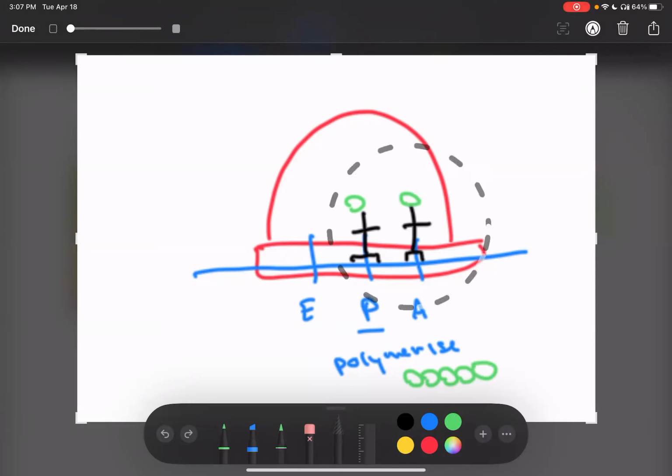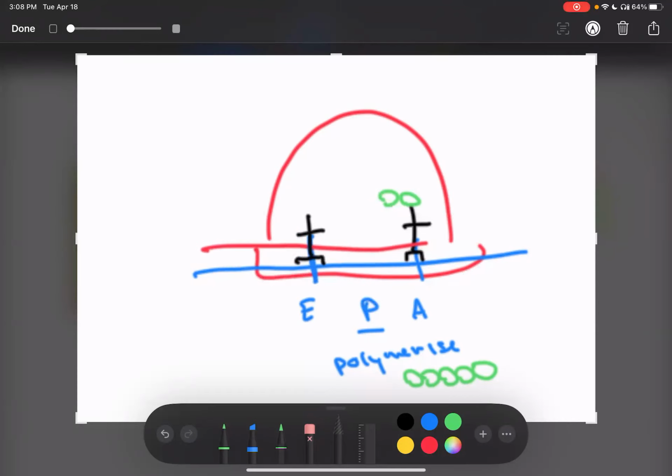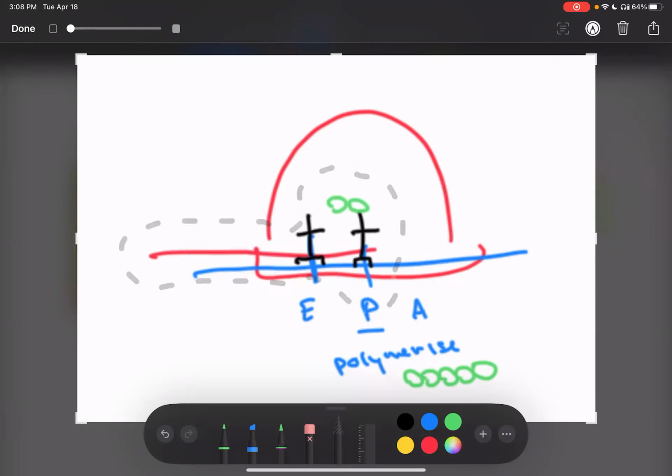This little guy is going to click attached to this, and that is going to tell this tRNA to move to the E site, and it will also get this tRNA to move from the A site to the P site.